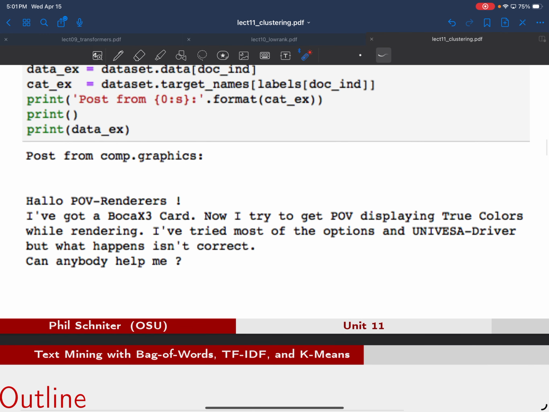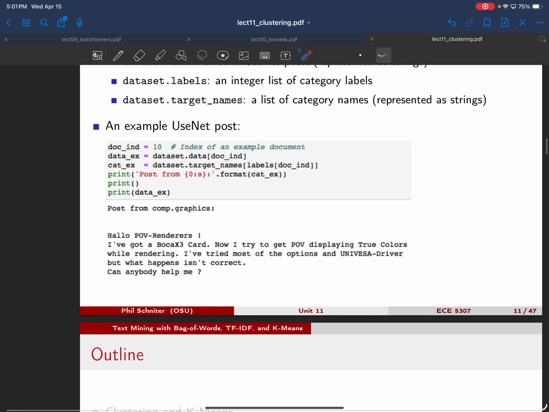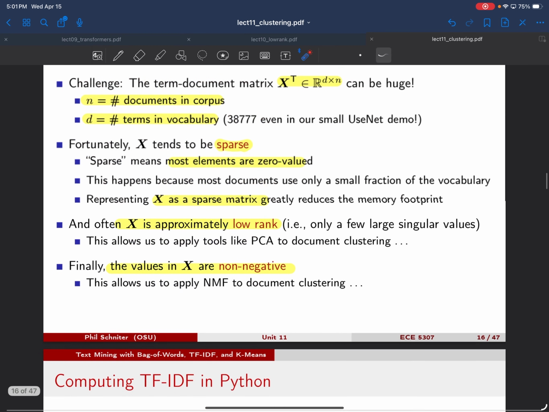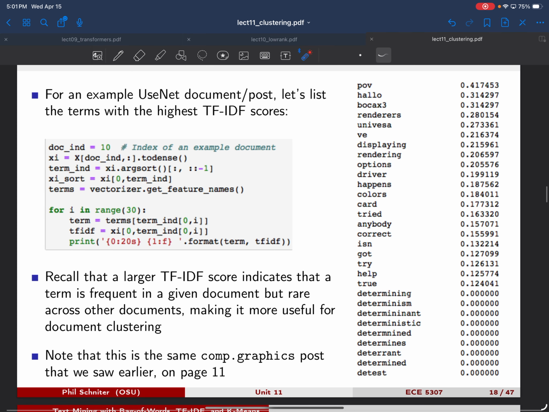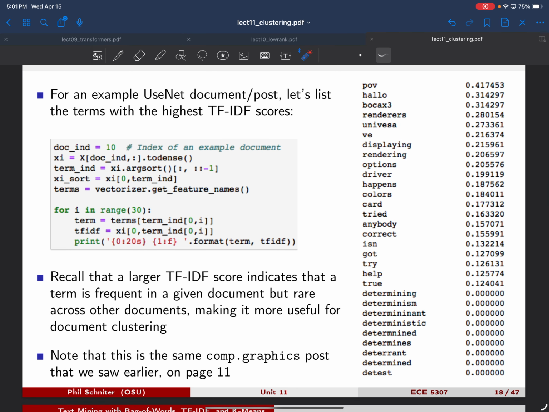Let's look at the TF-IDF scores for this post. Remember that the TF-IDF scores are basically a score for every term in the vocabulary. The vocabulary is almost 40,000 long, but this document did not have many words in it.